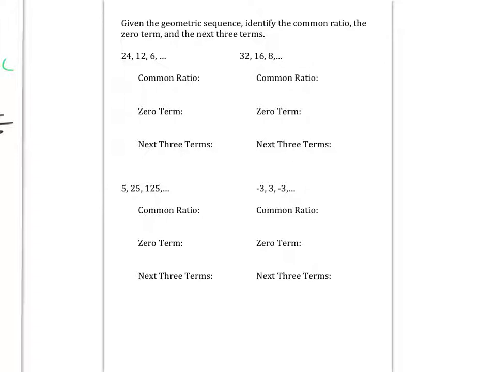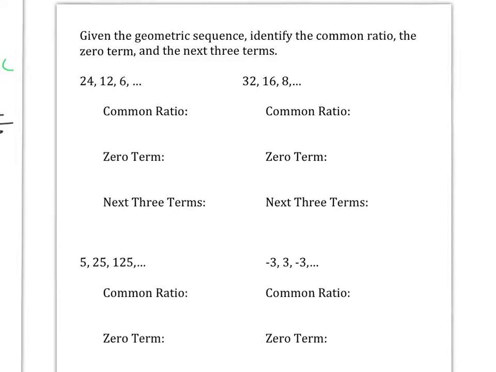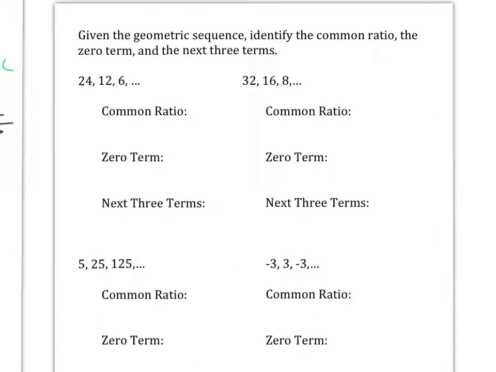So I am dividing by 2 each time, but since each term needs to be multiplied by a common ratio, I need to change that division by 2 to a multiplication problem. Instead of dividing by 2, that's the same thing as multiplying by 1/2. So the common ratio is 1/2.